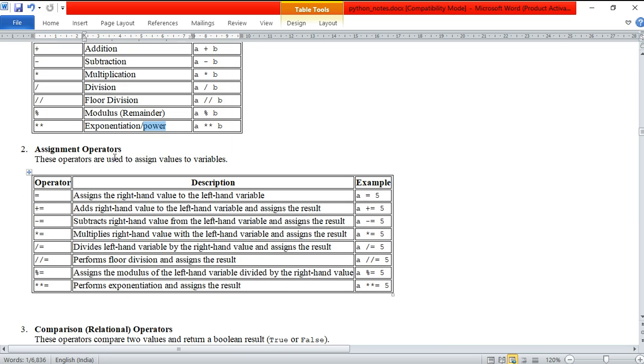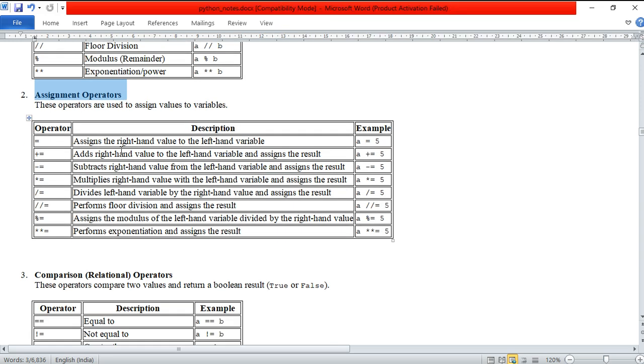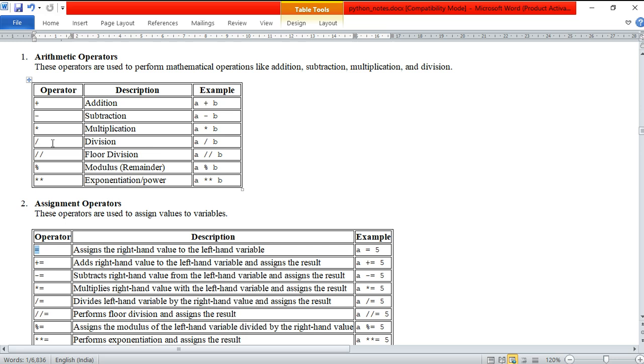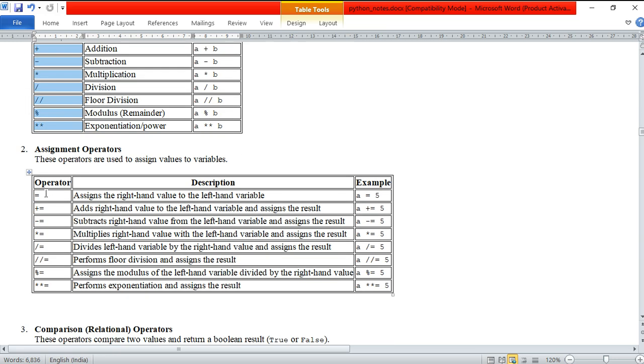Now we are going to understand assignment operators. What are these assignment operators? These operators are a combination of the assignment operator and arithmetic operators. Generally, the is equal to sign is called the assignment operator, which assigns the right hand side value to the left hand side variable.